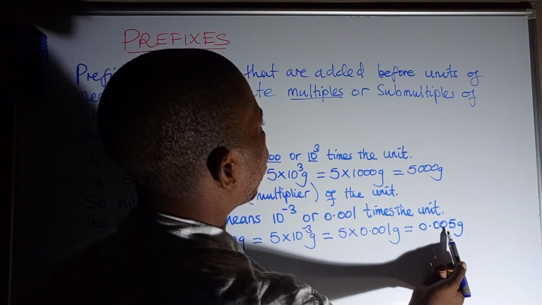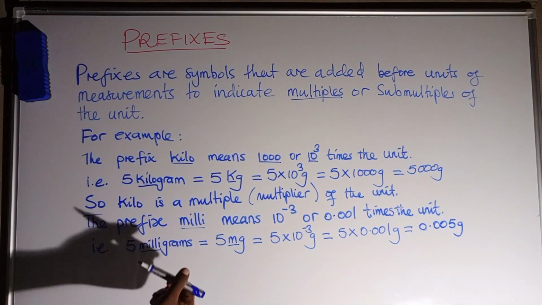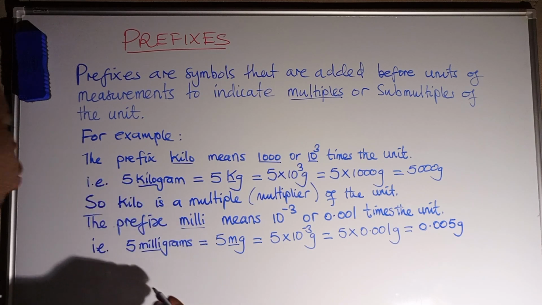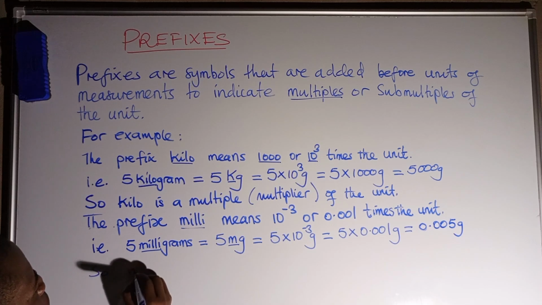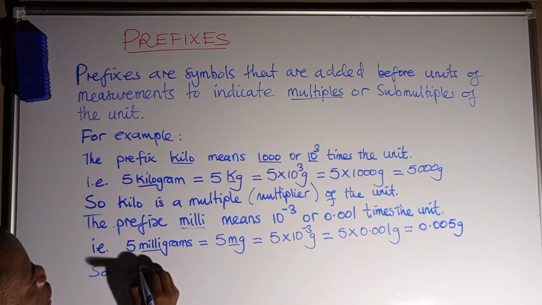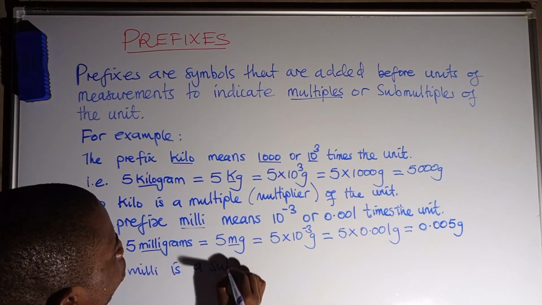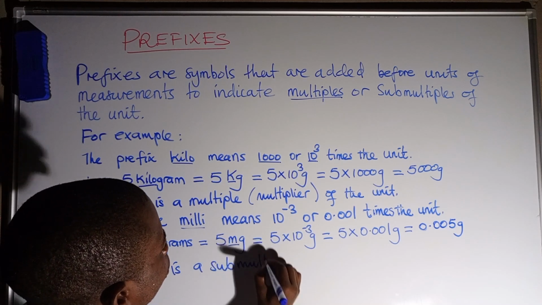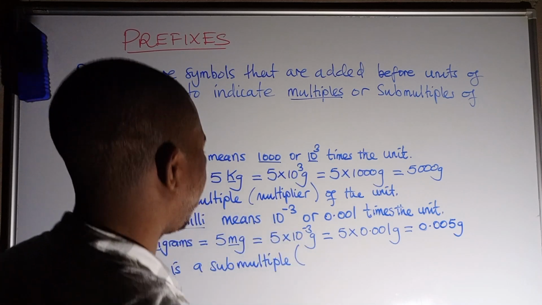Since the number has reduced, milli now represents a sub-multiple. Milli is a sub-multiple. What does sub-multiple mean?